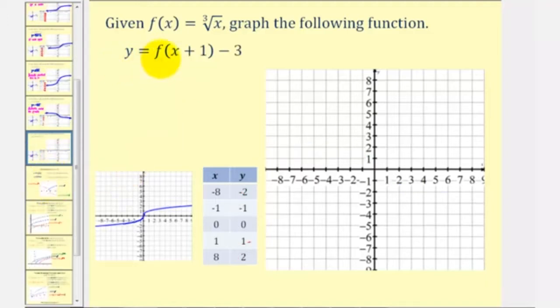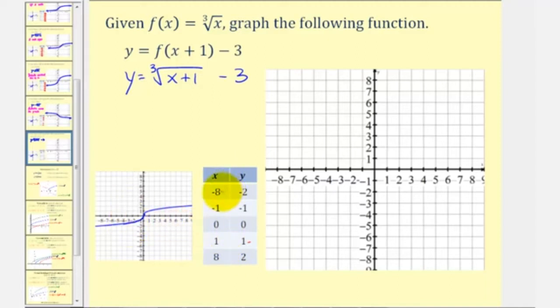Here we have y equals f of the quantity x plus 1 minus 3, which would be equivalent to y equals the cube root of the quantity x plus 1 minus 3. Looking at the plus 1 first, notice how this function is adding 1 to the x value, and therefore we'd have to subtract 1 from the x values of the basic function.